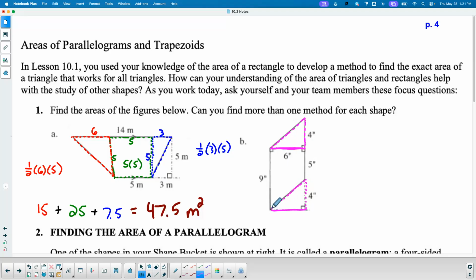And there it is. So then I get this purple figure, which is a what? It's a rectangle. Okay? So what are the dimensions of that rectangle? 9 and 6. So this would just be 54 square inches.